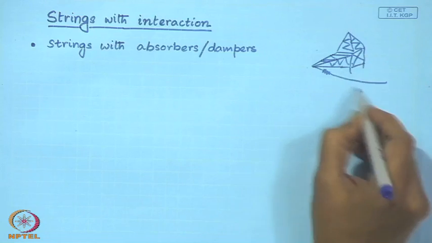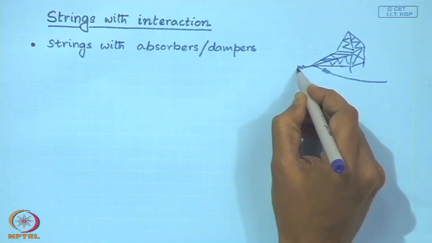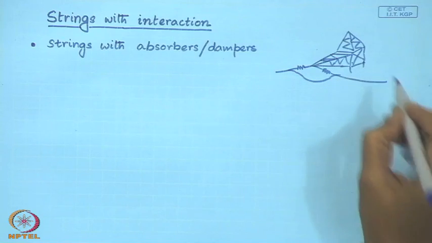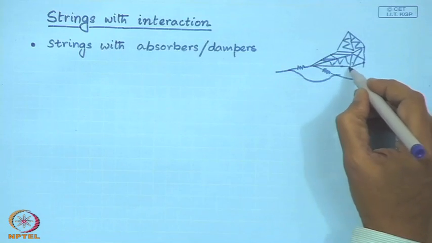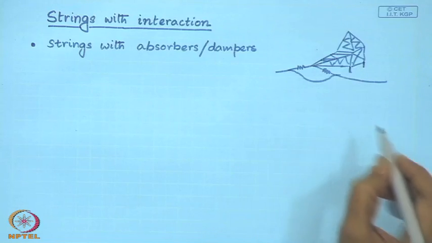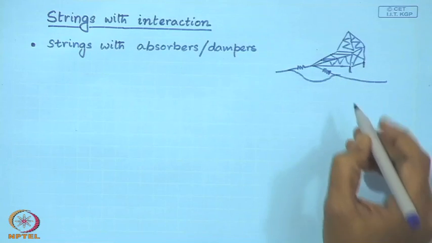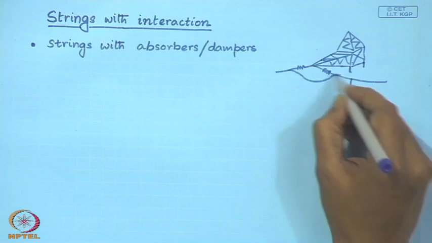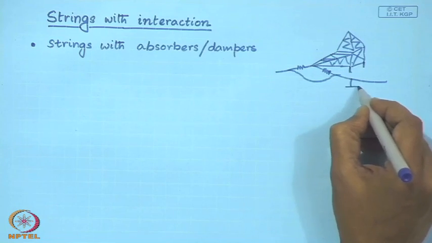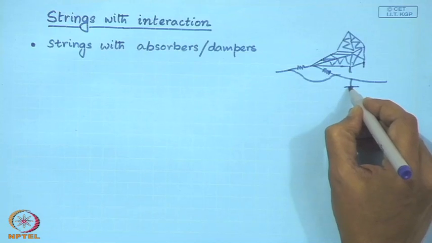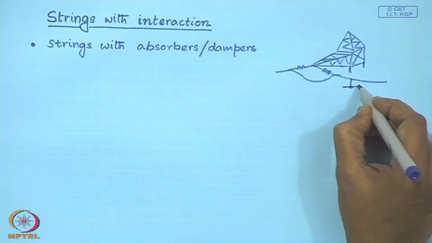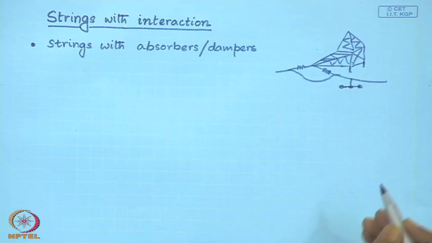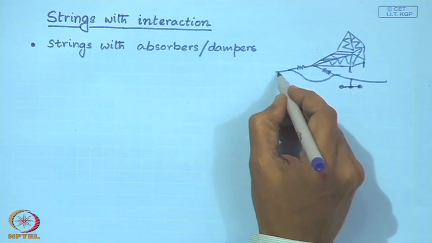So, here is the pylon, and you must have seen such structures carrying high tension cables. If you look carefully near this support point, you may be able to see something hanging like this.